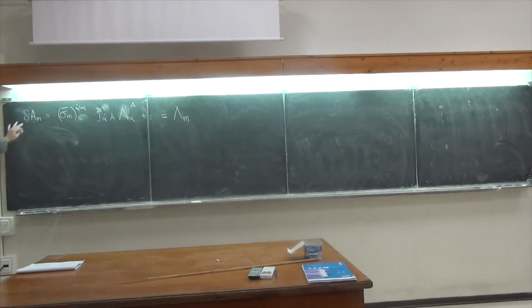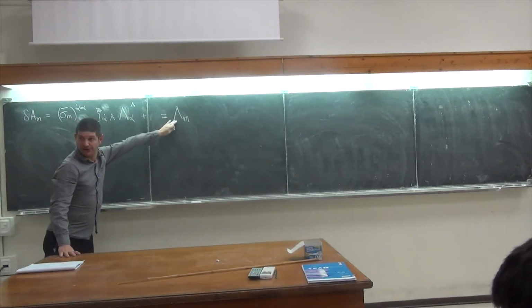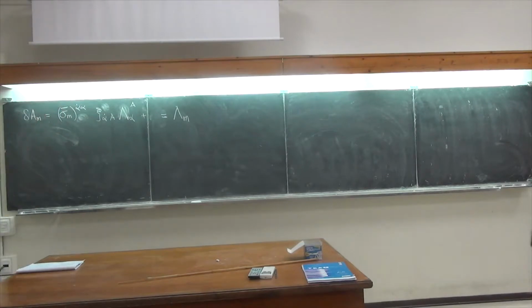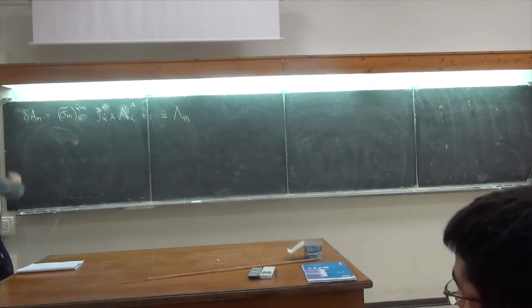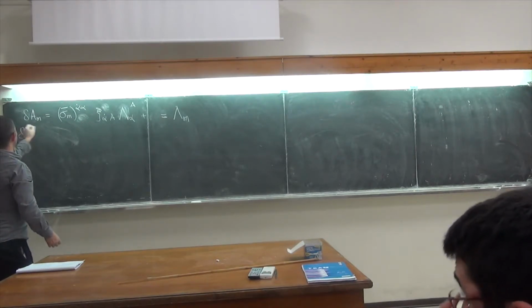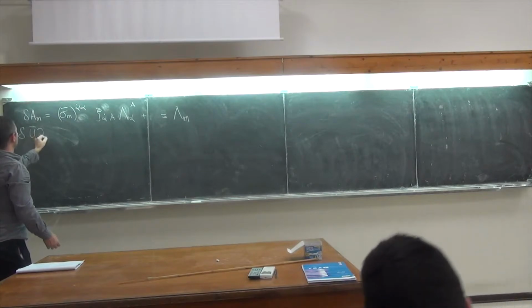Therefore, supersymmetry relates the vector to the gaugino. Lambda_m is a particular linear combination of the gauge field. But we know what A_m is. What is A_m? This was U bar dU.